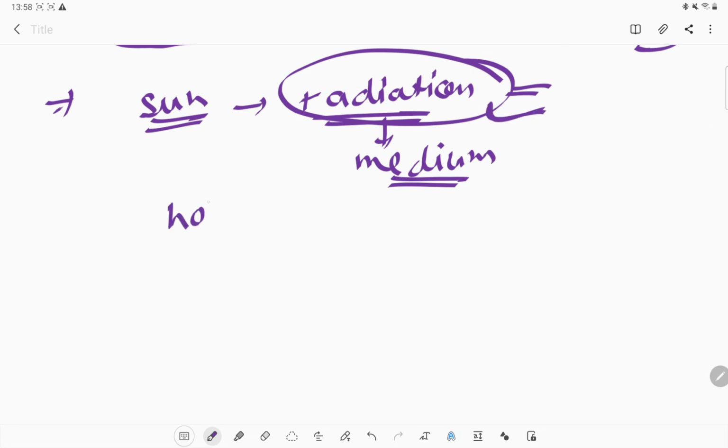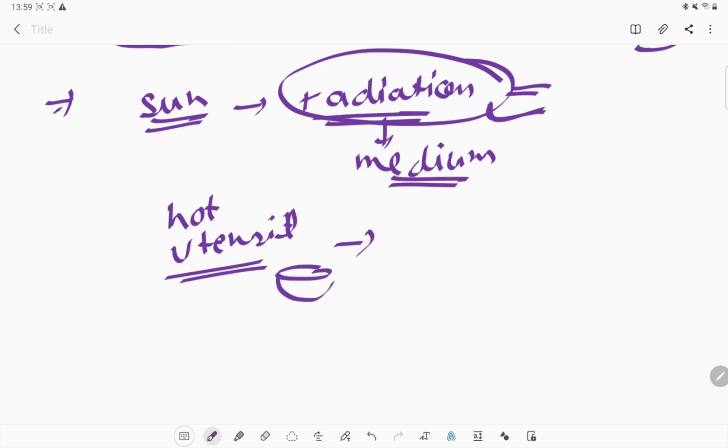Like if we have a hot utensil, and you keep that utensil at a place away from the flames to cool down, what you see is that transfer of heat takes place. Like this is the utensil which is hot, and now after removing it from the flame, you keep it here.